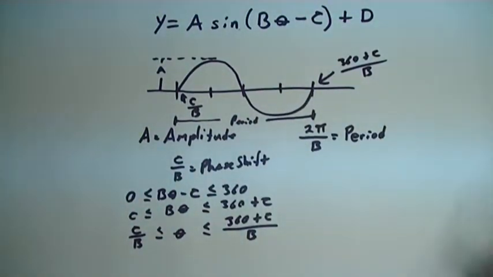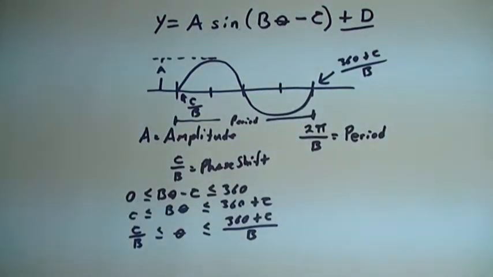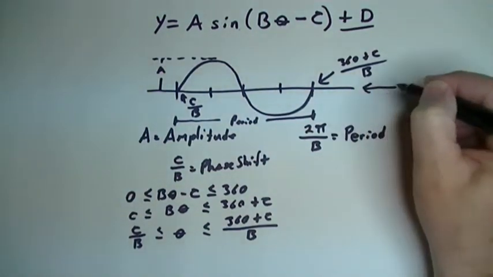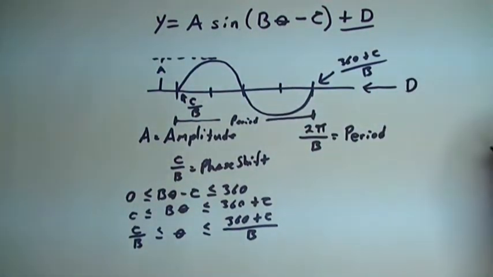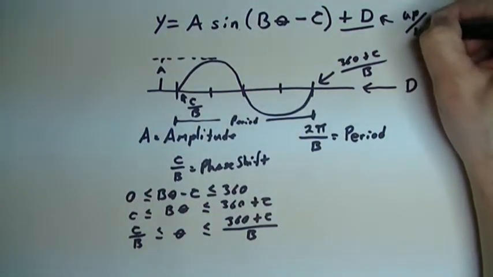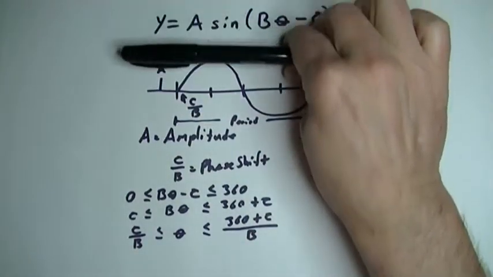And all that leaves is this d value. And if you've done many transformations of any kind of graph, you can probably anticipate that the d simply changes this center line. It's what moves it up or down the y-axis and just shifts the whole thing up or down.